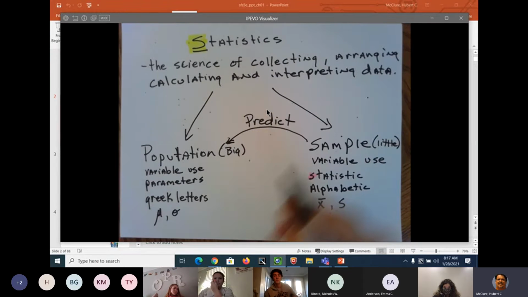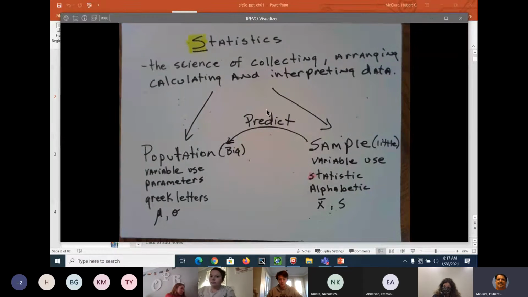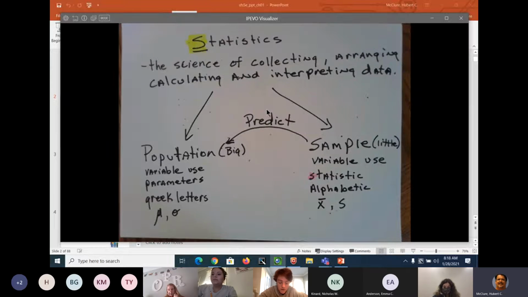Now, does anybody have any idea why we take the sample to predict the population? Does anybody have any idea? It's too difficult to ask an entire population something. Yes, because of two important things. And what are those two important things that's important to everybody and every corporation?